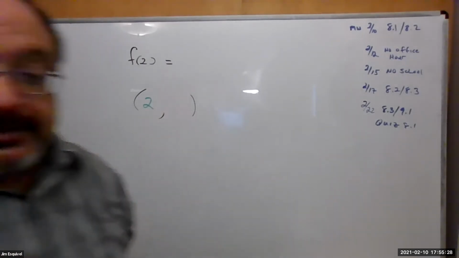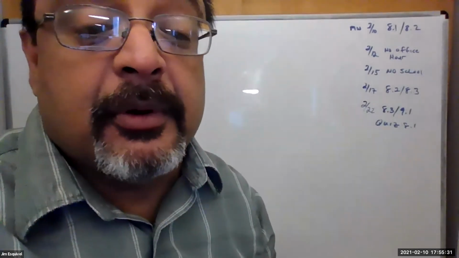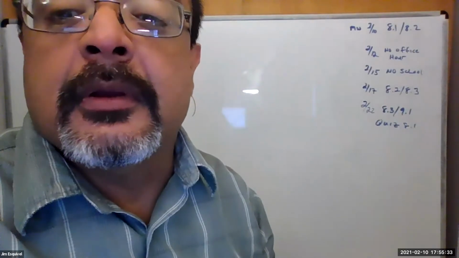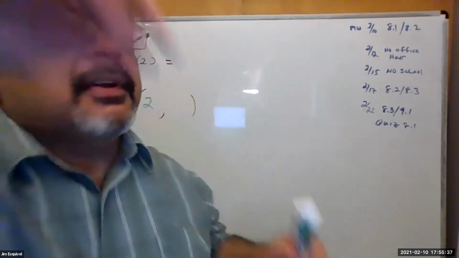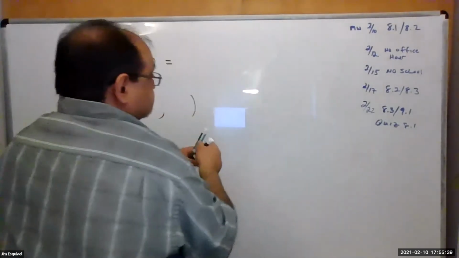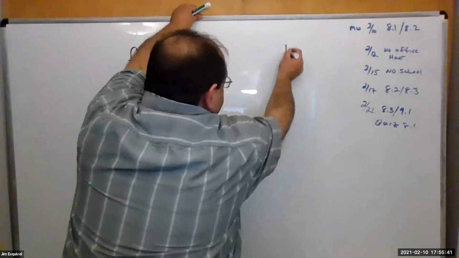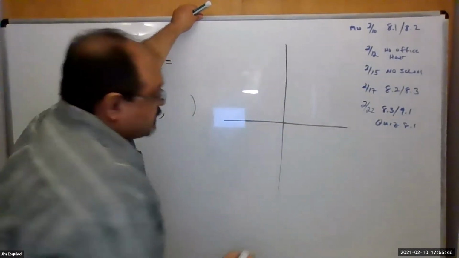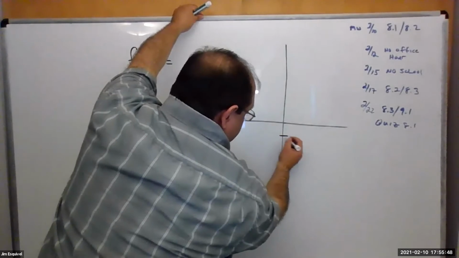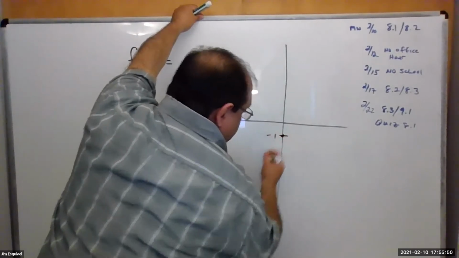So in that picture, I'm just going to kind of sketch it up here on the board real quick. It does this. The y-intercept is at -1. I'll show you in a minute. It's at -1.